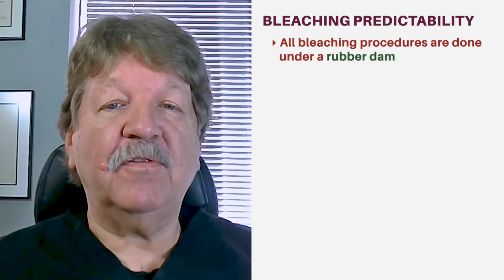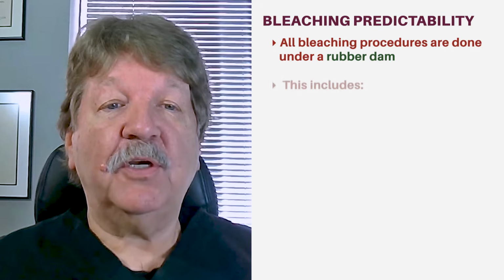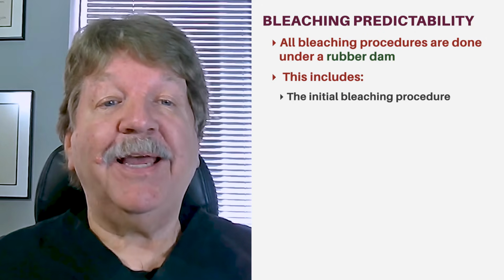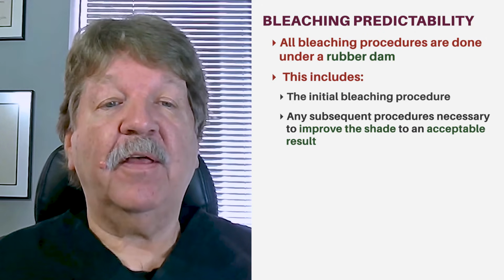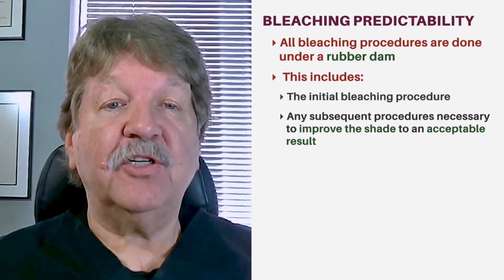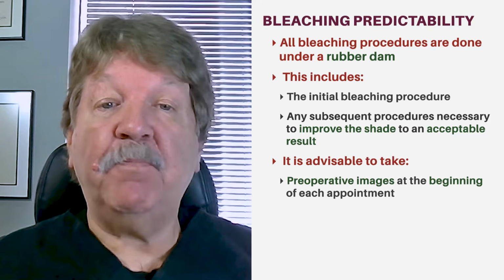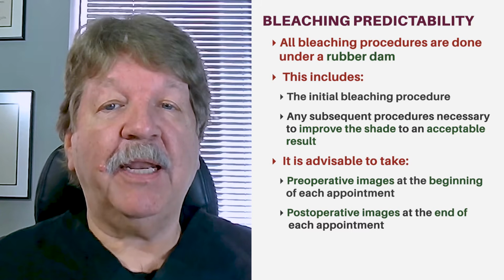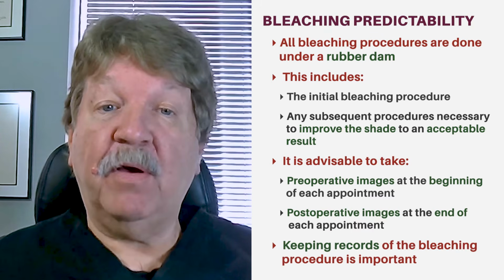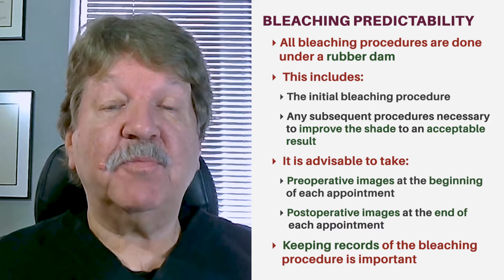All bleaching procedures are done under rubber dam, which includes the initial bleaching procedure and any subsequent procedures that are necessary to improve the shade to an acceptable result. It's a good idea to take preoperative and postoperative images at the beginning and end of each appointment. This way you have a record of the bleach procedure.